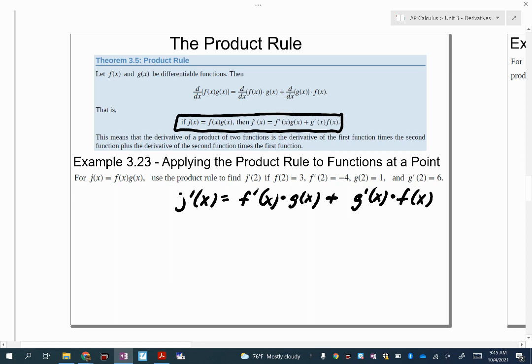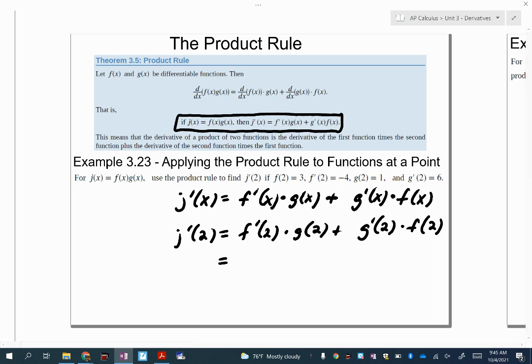Now this wants me to do j prime of 2, so that's going to be f prime of 2 times g of 2 plus g prime of 2 times f of 2. Replace all those values with the actual numbers that they want.